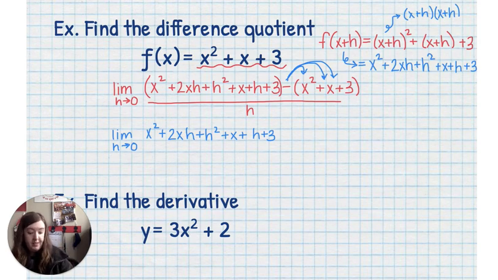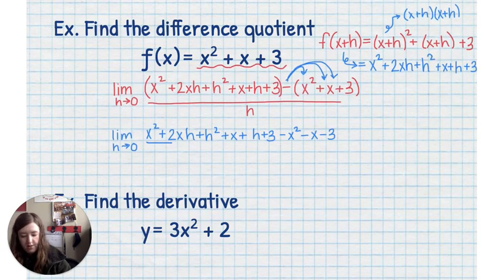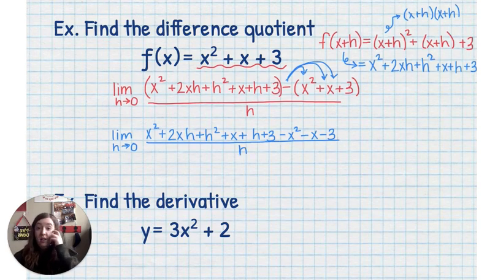Then when we distribute that negative, minus x squared minus x minus 3. And then all of that goes over h. Now, right now, it's this huge, big, long problem that's disgusting, but it's not going to be disgusting for long.